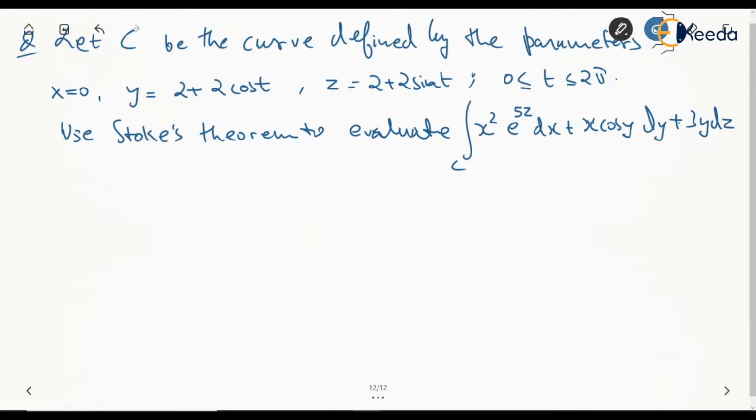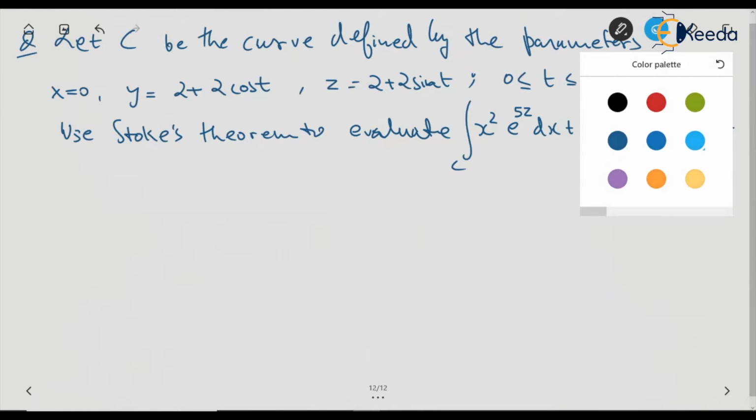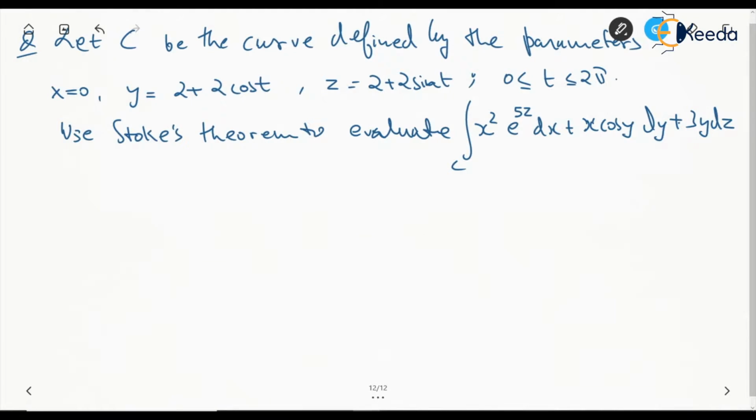So first of all, let's try to understand what these parameters given are. X is equal to 0 means it is on the YZ plane. Very simple, right? Like if there is something on XY plane, then Z will always be 0.